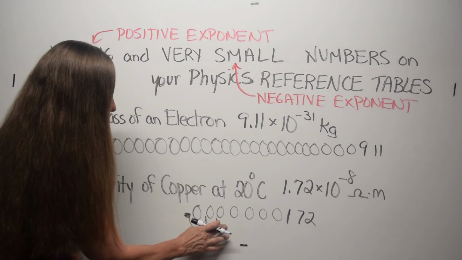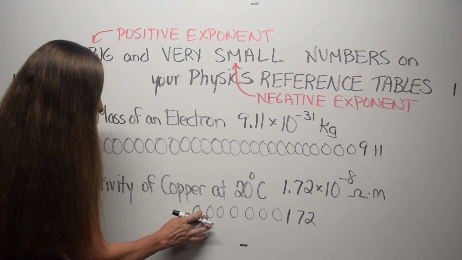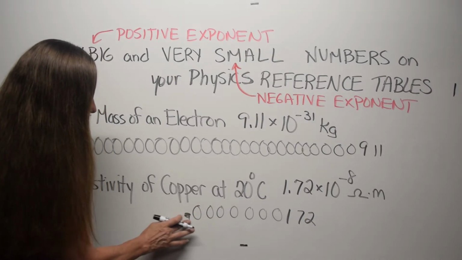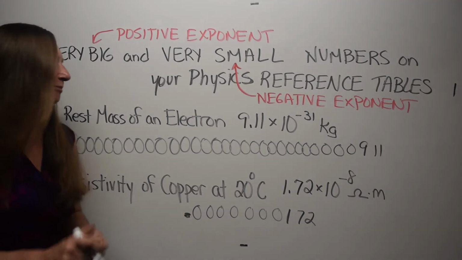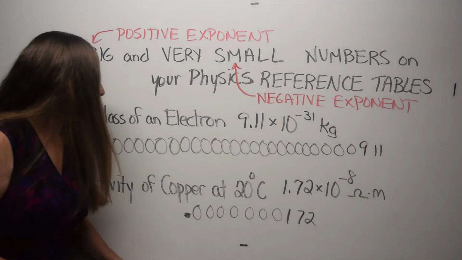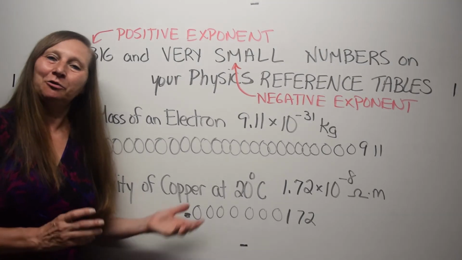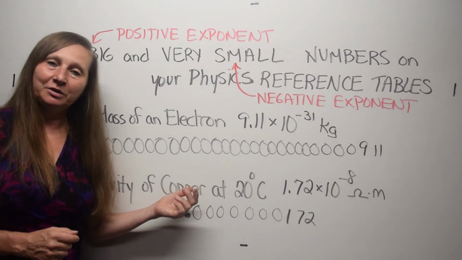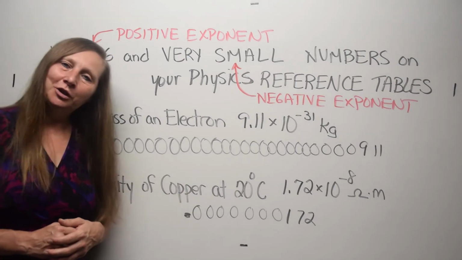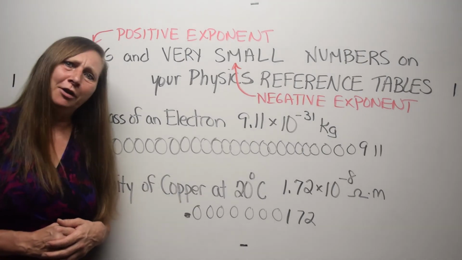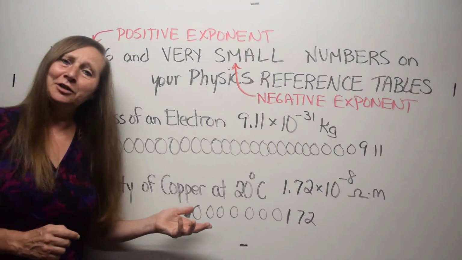Not quite as many zeros as the rest mass of the electron, but more zeros than I care to be writing. All right, so what we have here are small numbers which we found on the physics reference tables, and we've converted them to decimal form, but I think I'd rather use them in scientific notation.